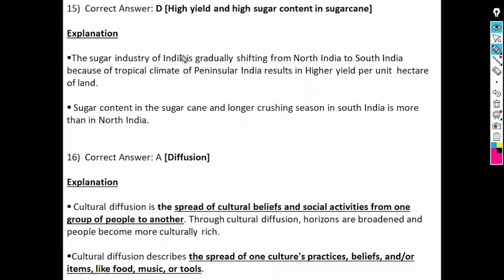The sugar industry in India is gradually shifting from North India to South India, because the tropical climate of peninsular India results in a higher yield per unit hectare of land.